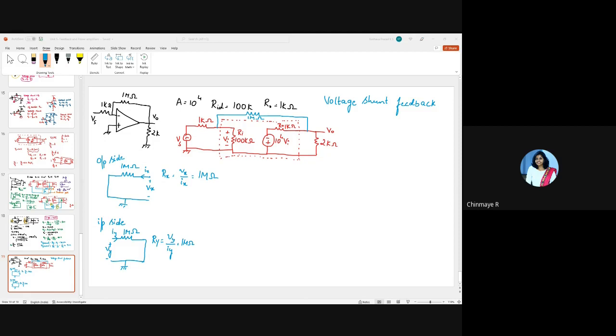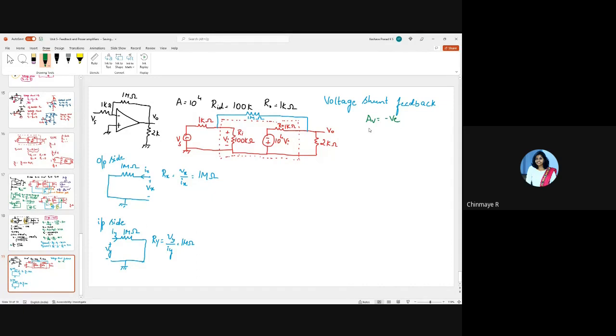So when you try to find out even the open loop gain V naught by Vs, it will be negative because here the input is given to the inverting terminal, which means when you try to find out the value of AV, you will get AV to be equal to a negative value. Correct?